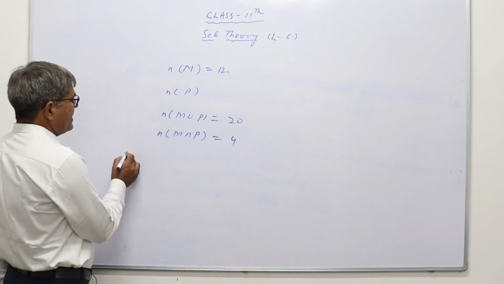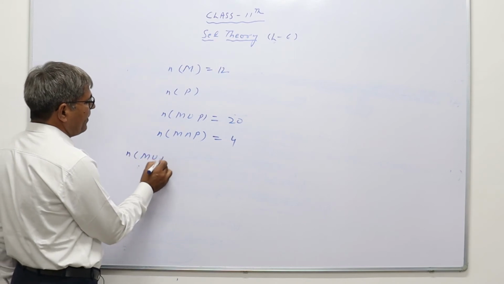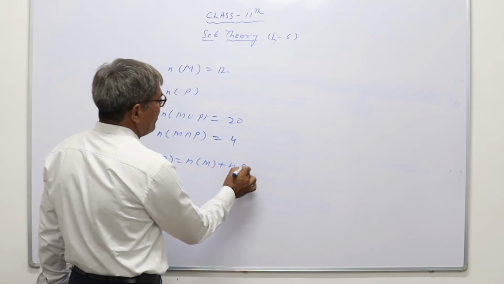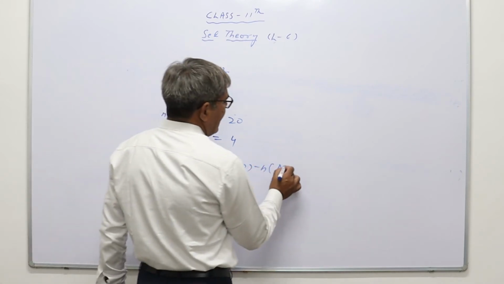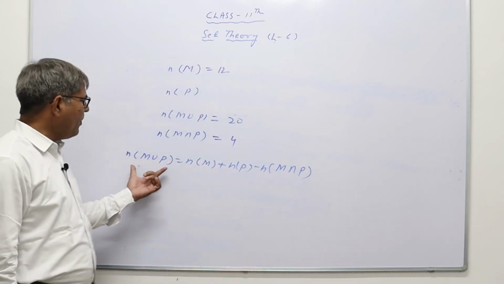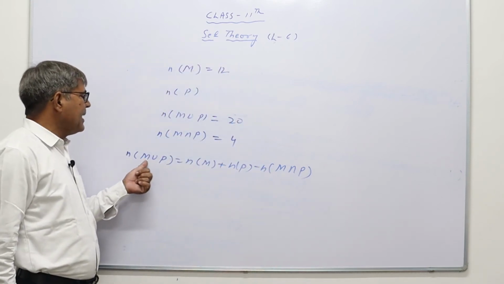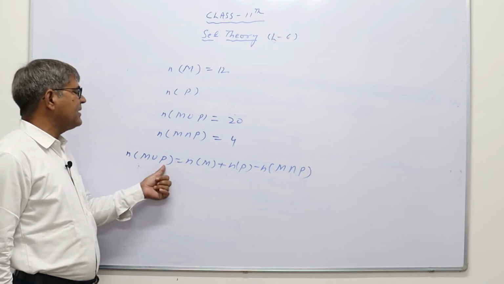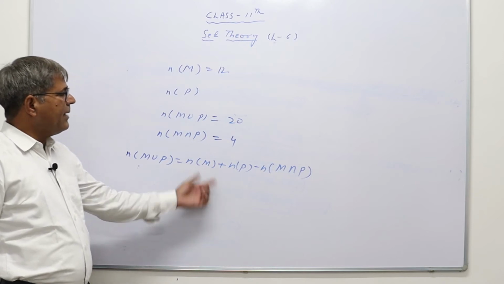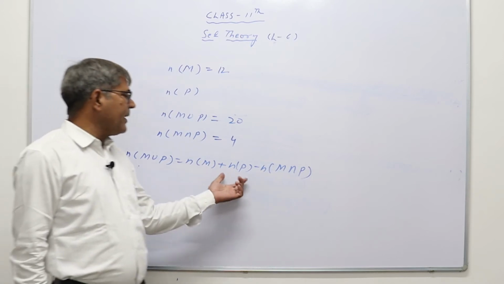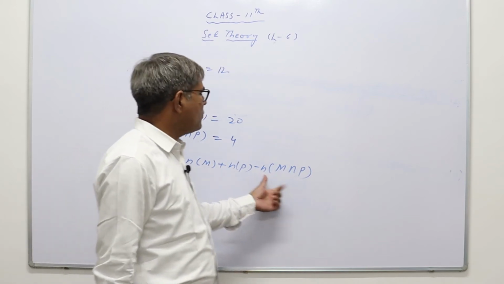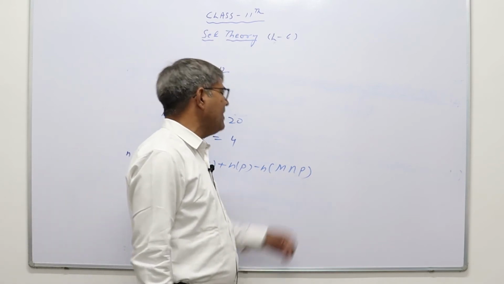So we know that n(M union P) equals n(M) plus n(P) minus n(M intersection P). That is, the number of teachers who are teaching mathematics or physics equals the number of teachers teaching only mathematics plus the number of teachers teaching only physics minus the number of teachers teaching mathematics and physics.